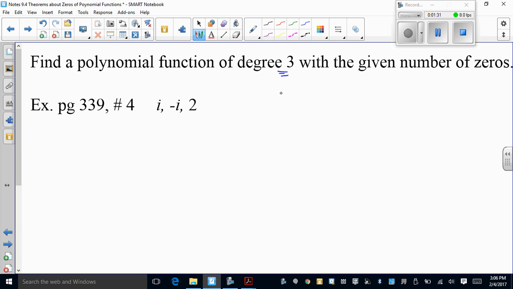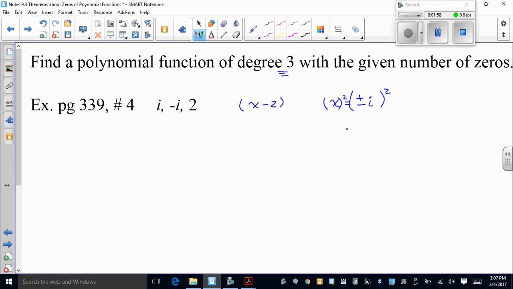Now, remember I told you this is the way you go through and do these. When you have i, it's a little bit different. So the 2 is the same. That is just x minus 2. But these ones, remember, they're conjugates. They go together. So really what we have is x equals plus or minus i. And to get rid of this, we square both sides.